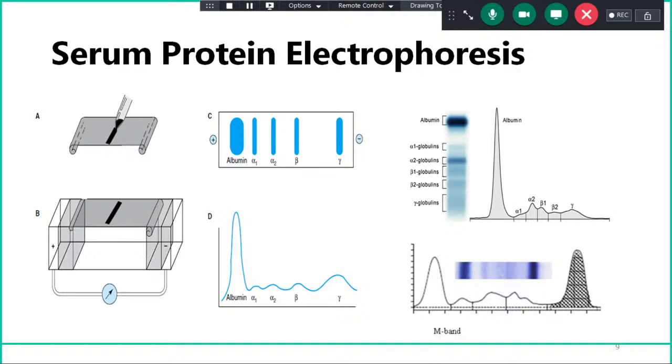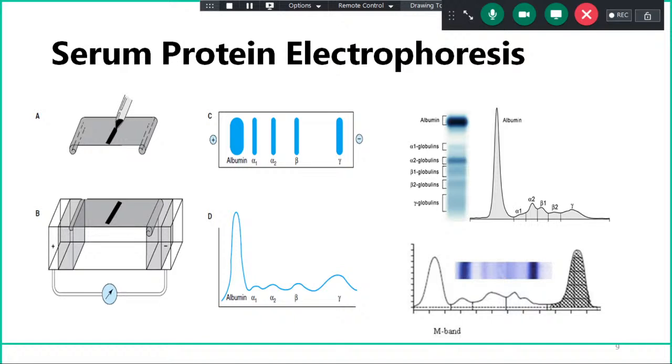On that basis we do the electrophoresis of serum, and in most cases we use cellulose acetate and agarose gel as a support medium on which we apply our serum, and we put it in the chamber, as shown in figure B, this electrophoretic chamber which has a buffer of pH 8.6.